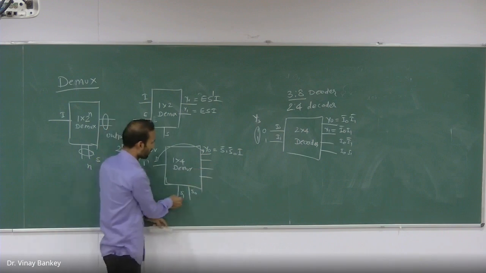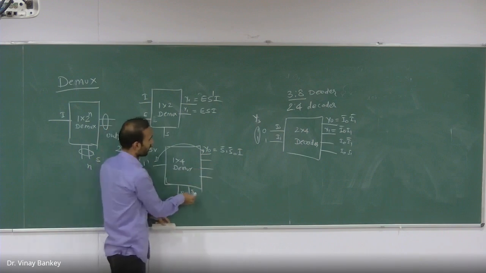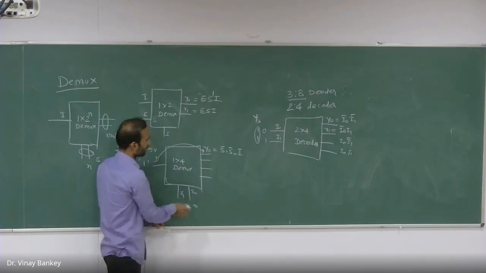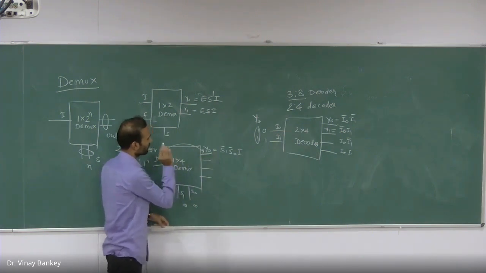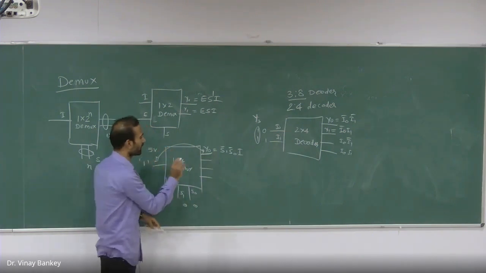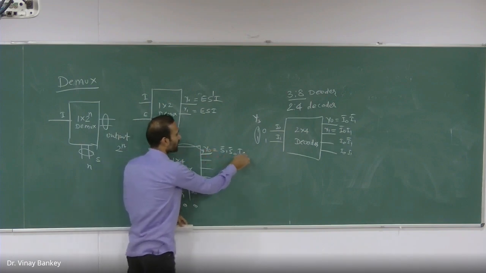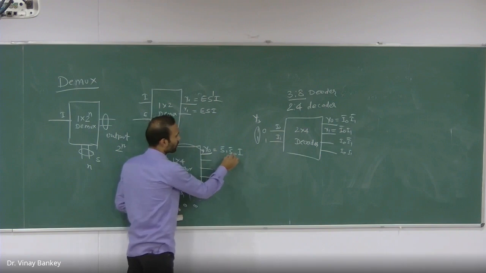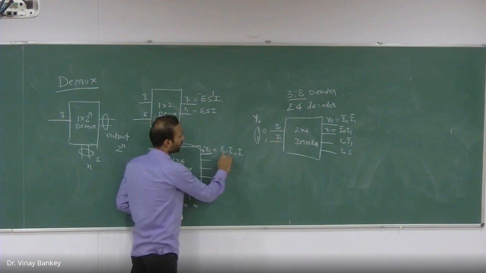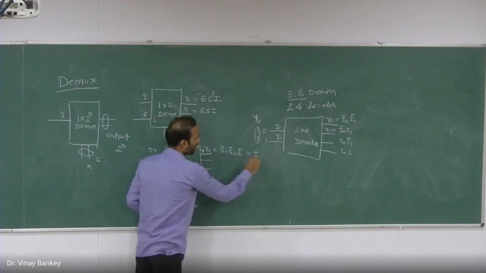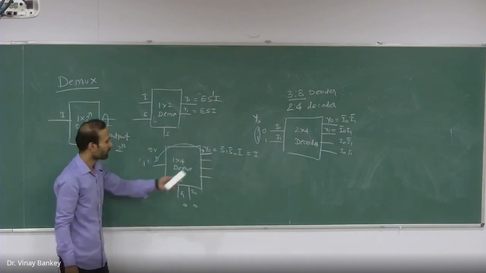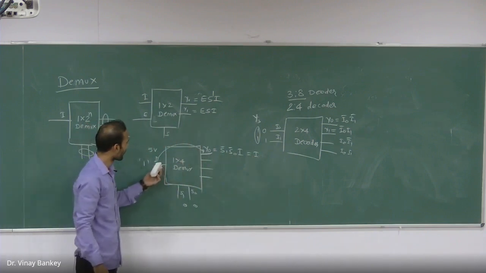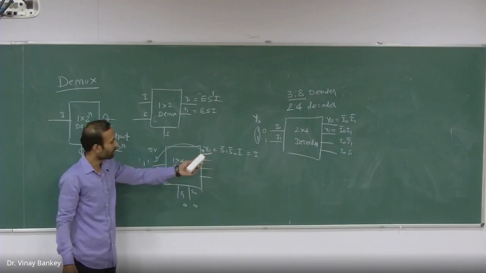So if S0 and S1 are 0-0, it means that this output will be high. Let's suppose S0 and S1 is 0-0. So 0 bar will be 1, and 1 and I, so the output will be I. It means that at this output you will have this input, whatever it is.